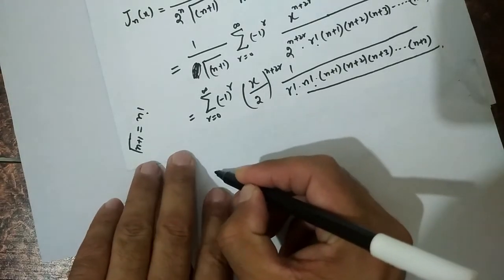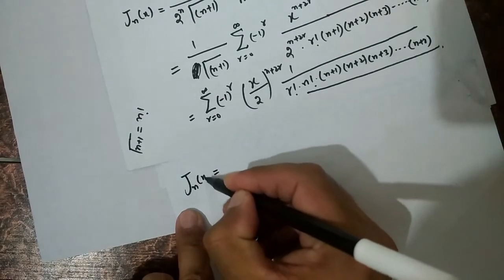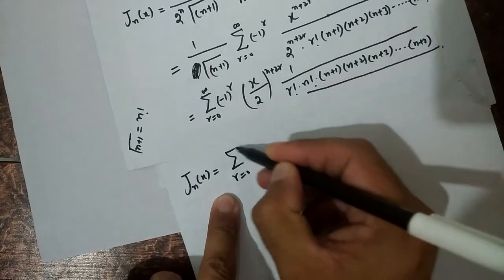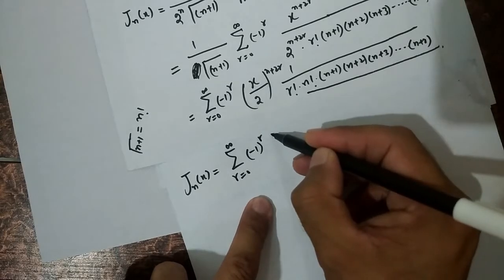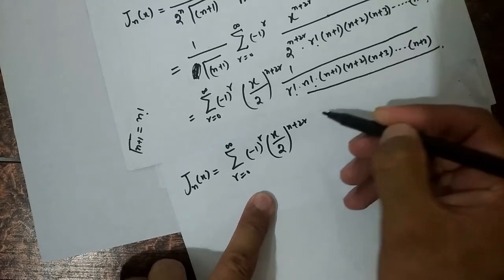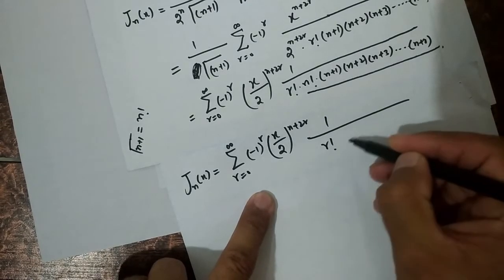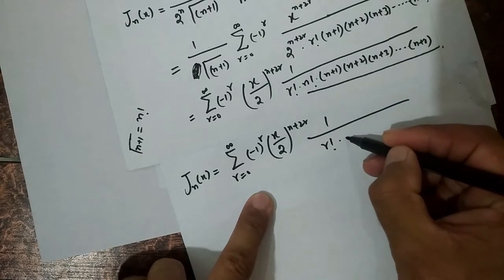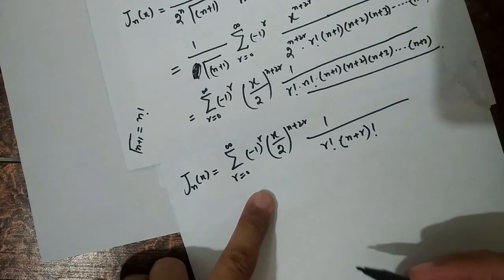So let me write it here, that J_n(x) is equal to summation from r equals 0 up to infinity, minus 1 to the power r into x divided by 2 whole to the power n plus 2r into 1 upon r factorial into this whole series, which is n plus r factorial. Clear?